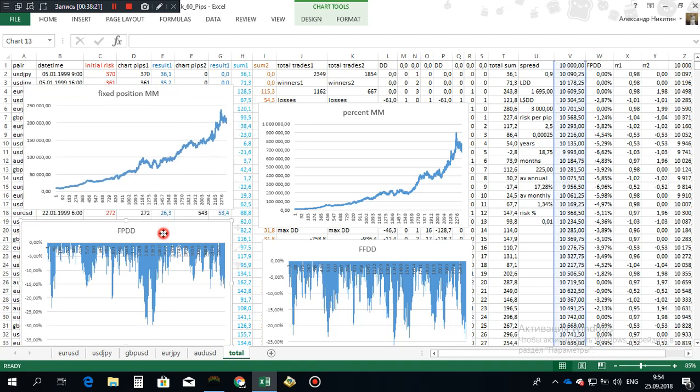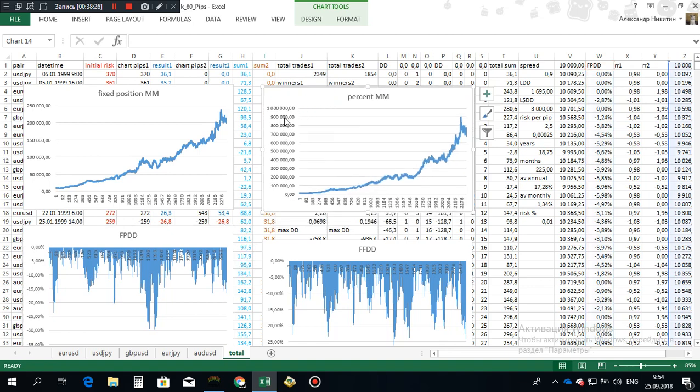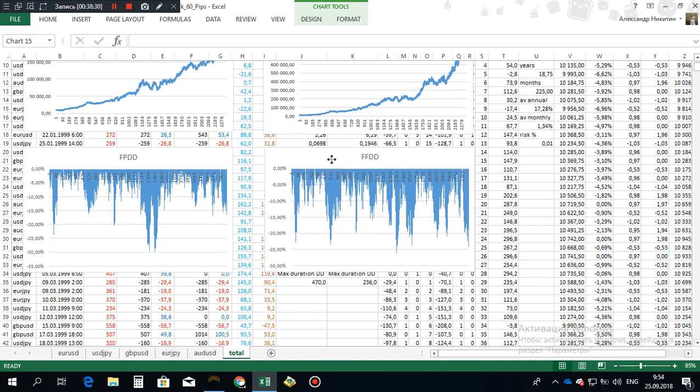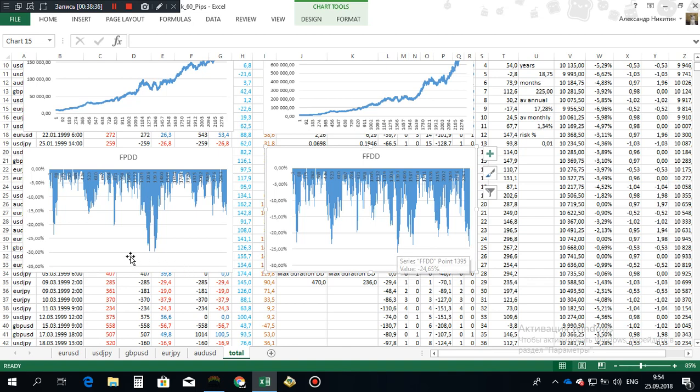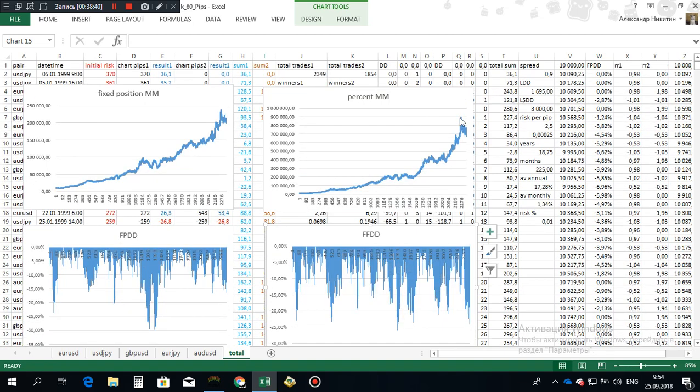You see, percent money management generates this enormous amount of money, and it only has 25% drawdown. The drawdown is less and the outcome is more.